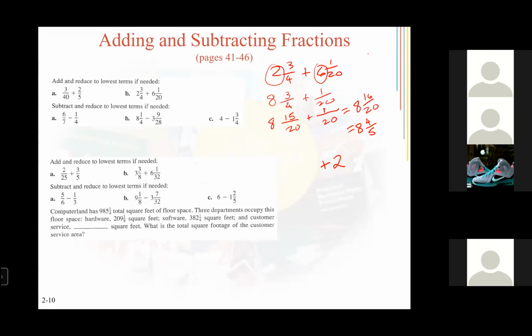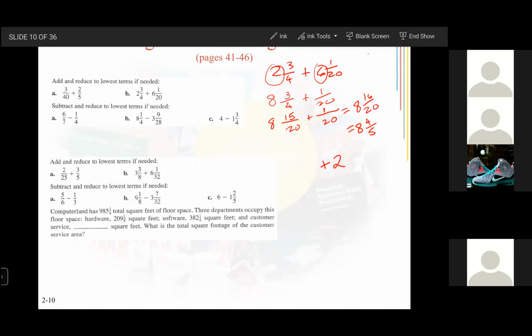All right, I'll just read it out and you could go ahead and attempt it. 3 and 2/5 plus 1 and a third. Let me see if I get this pen back.